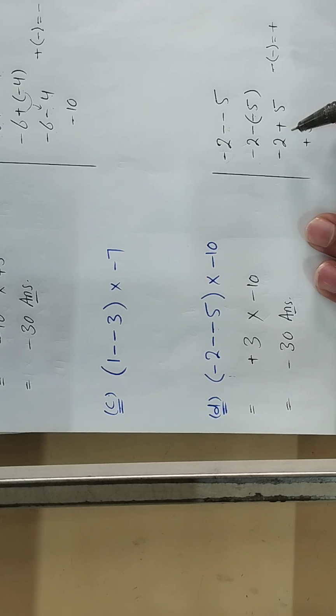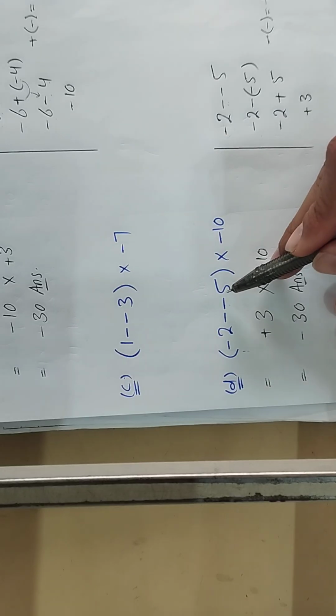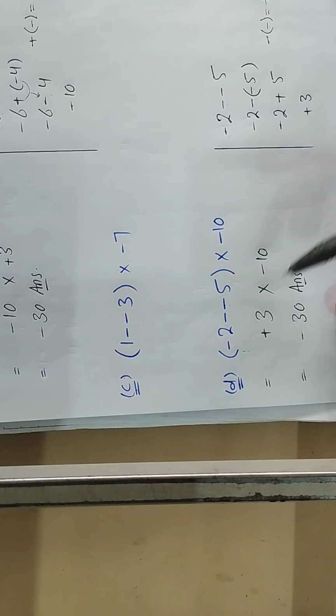Since the signs are not the same, the signs are opposite, it means subtract the numbers. 5 minus 2 is 3, and write the sign of the bigger value. 5 is the bigger value here, plus is written along with it, so plus 3. So the answer of this bracket is plus 3. It is plus 3 multiply by minus 10. 3 times 10 is 30, plus multiply minus is minus.